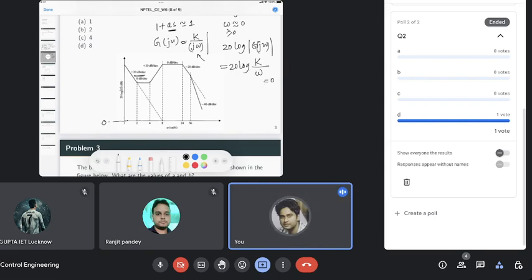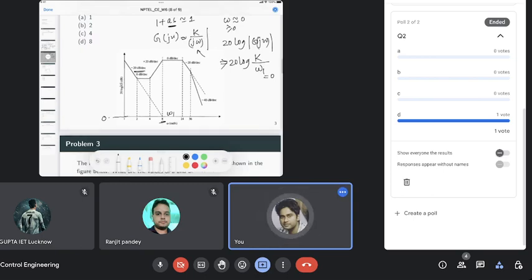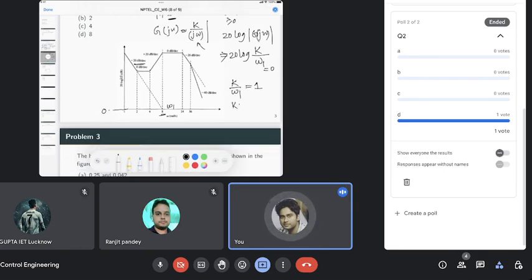At some frequency this happens. Let's denote it omega 1, so at omega 1 the magnitude is 0 dB. From this you observe that K by omega 1 should be equal to 1, because the logarithm of 1 is 0. So simply you find K equal to omega 1.